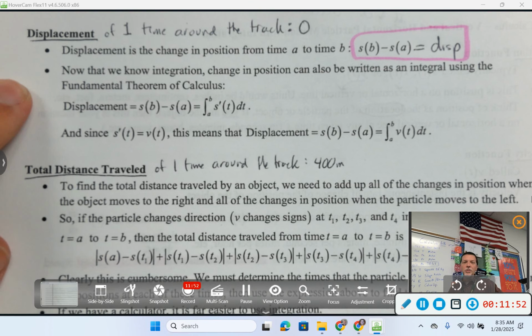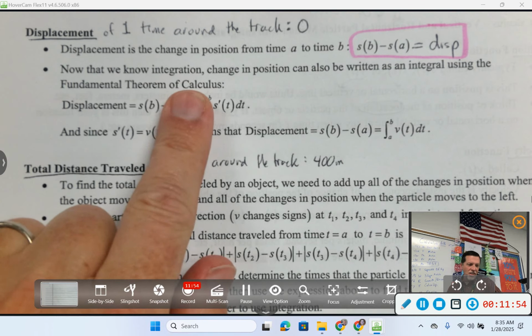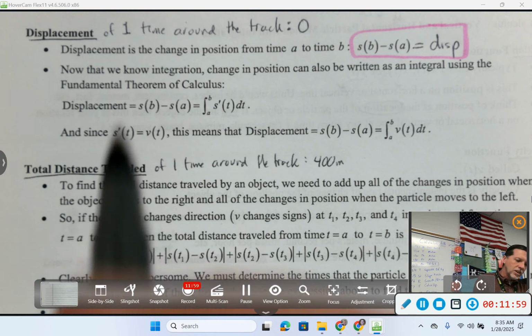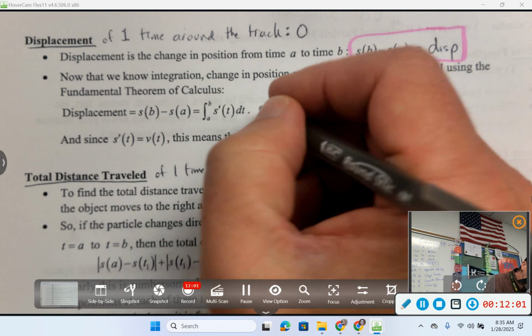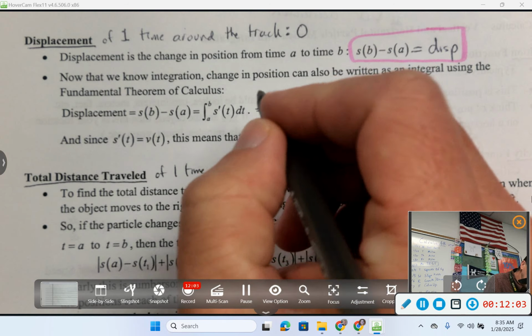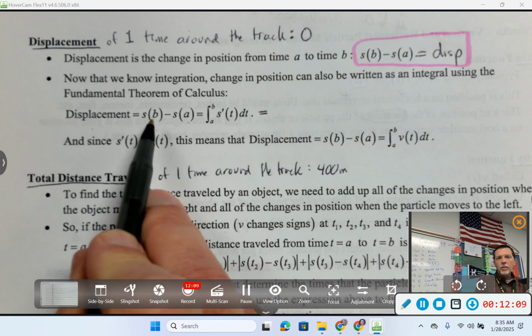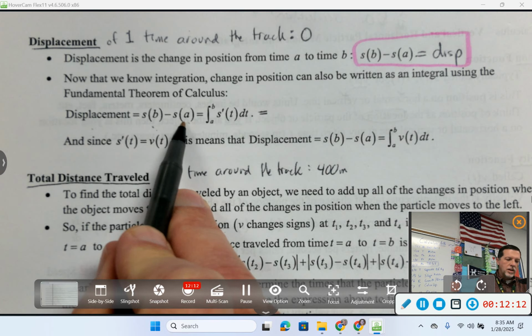Okay, now we get to the new stuff. Now that we know integration, change in position can also be written as the integral of, I'm going to write this one other way. So we know displacement is S(B) minus S(A), right? Where you are minus where you were.